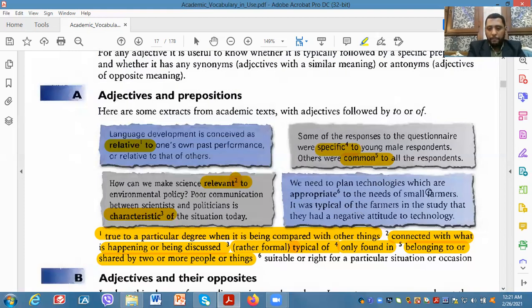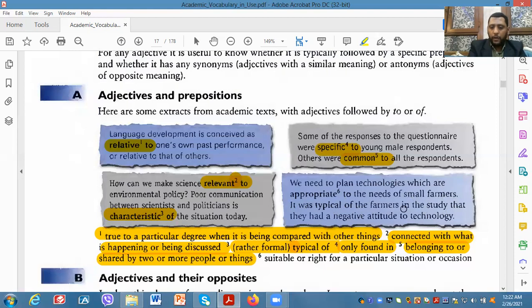We need to plan technologies which are appropriate to the needs of small farmers. It was typical of the farmers in the study that they had a negative attitude to technology. Okay, so again, we need to plan technologies which are appropriate to the needs of small farmers.